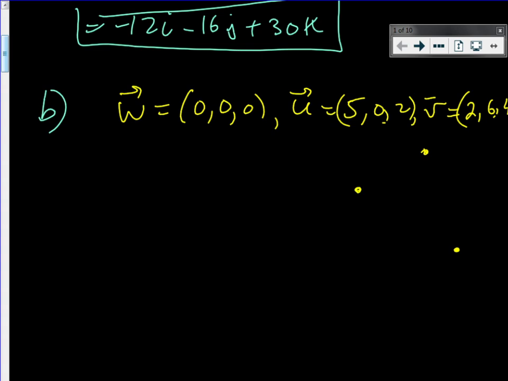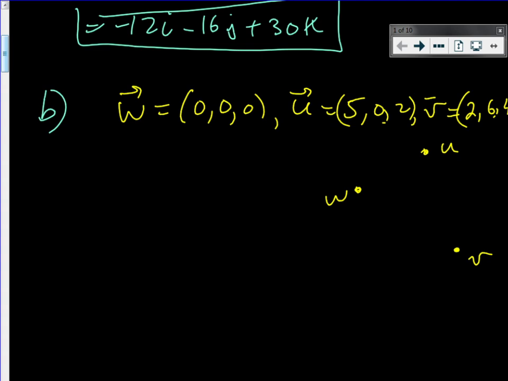They're probably not on the plane of your computer screen. Some of those points are inside the computer screen, some are outside. This is point W, point U, and point V.